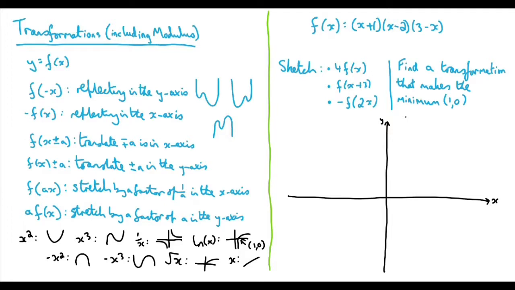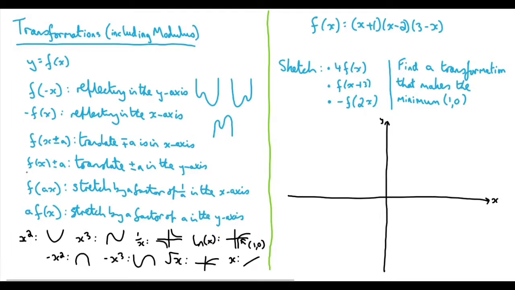But either way, we're now told to find the transformation that makes the minimum of this original graph here 1, 0. Just a heads up, when you're doing that, I'm going to suggest that you round your figures to 2 decimal places. In general, you shouldn't need that kind of degree of accuracy with those kinds of questions, but here it should just be good practice for how to apply these transformations yourself.